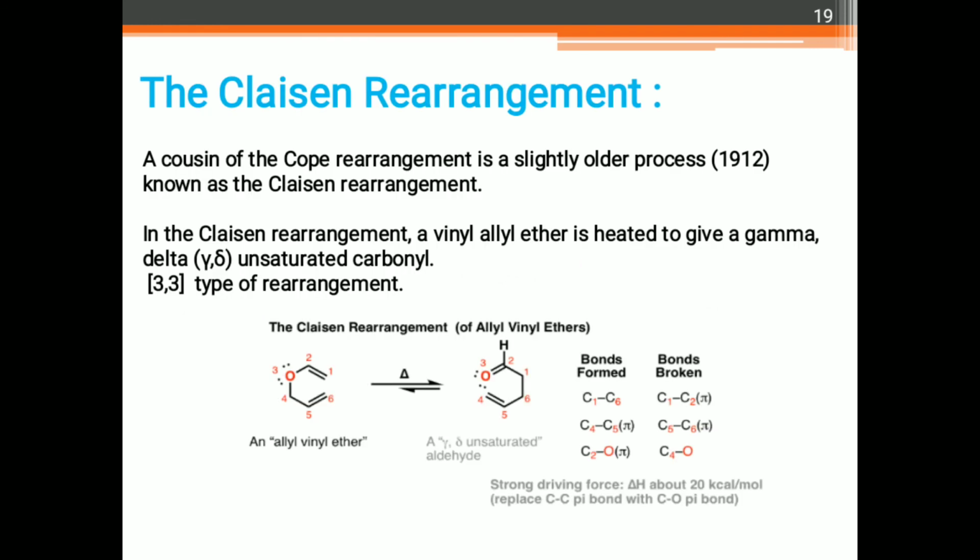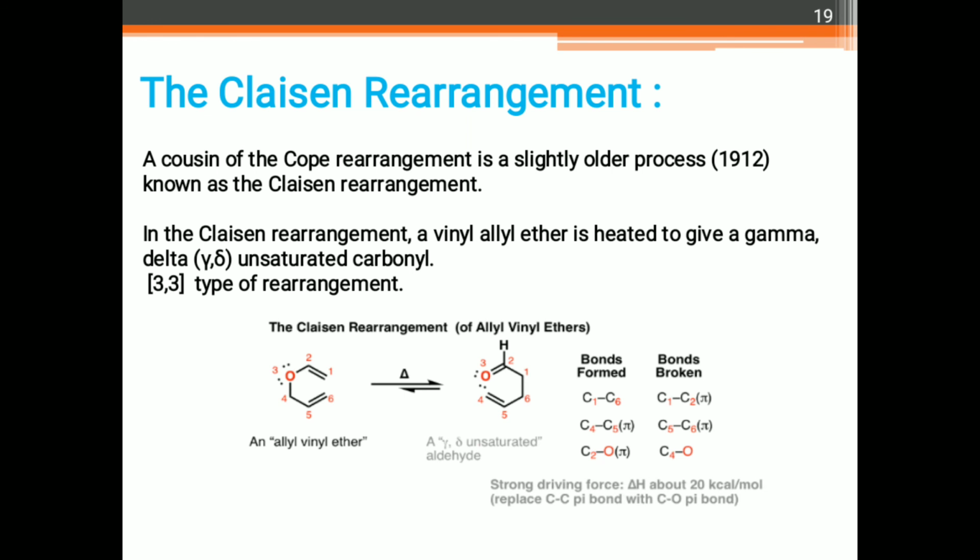The next is the Claisen rearrangement, a cousin of the Cope rearrangement, a slightly older process. In the Claisen rearrangement, a vinyl allyl ether is heated to give a gamma,delta-unsaturated carbonyl. It is also known as a 3,3 type sigmatropic rearrangement.